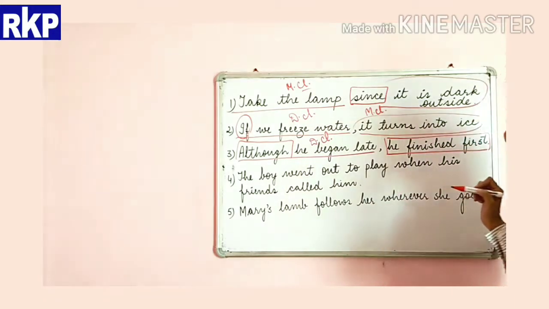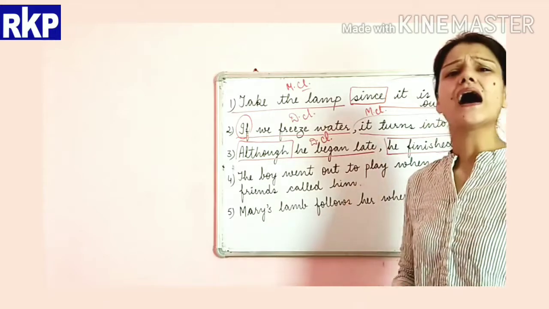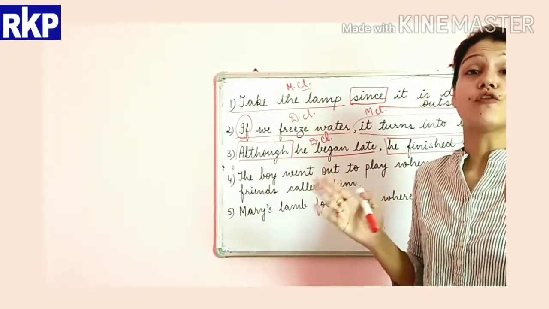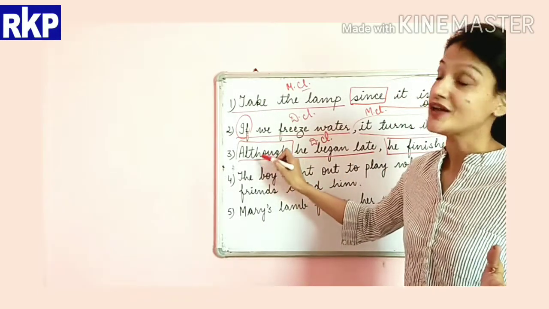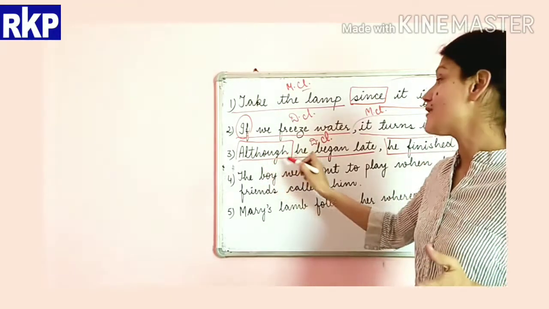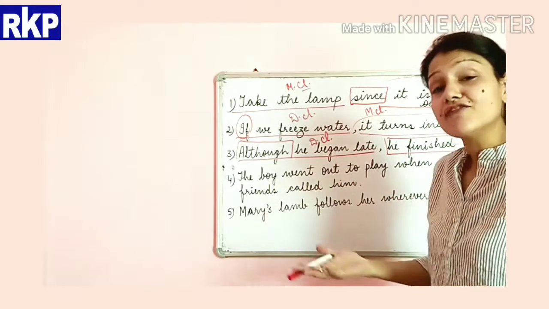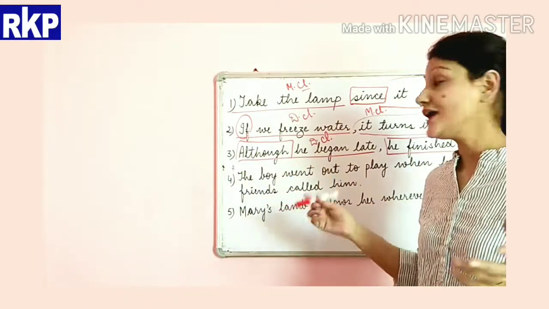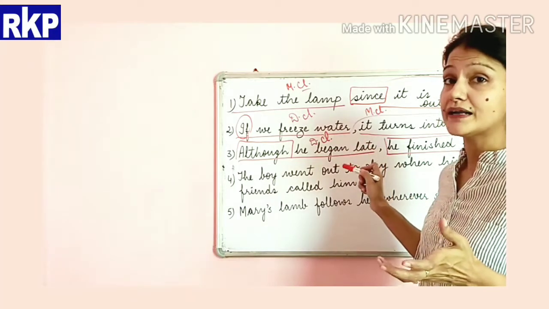Now, in this sentence we do not get the answer of how, where, when or why, so we just have to focus upon the subordinating conjunction. We get the subordinating conjunction although here, and with the help of this we get to know that it is an adverb clause. If we do not get the answer of where, when, how or why, I should find out whether it is a noun clause.